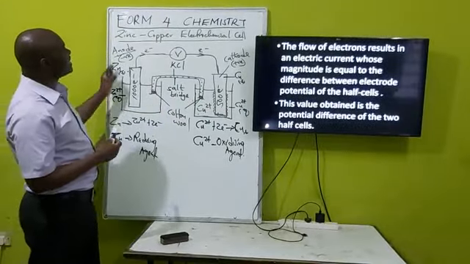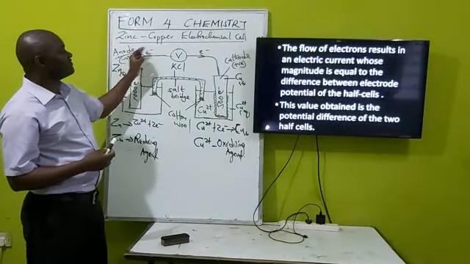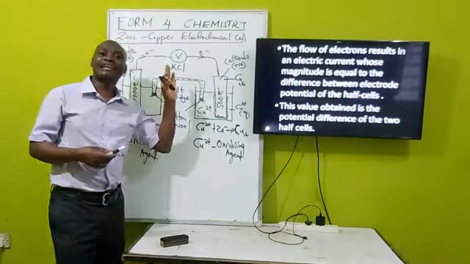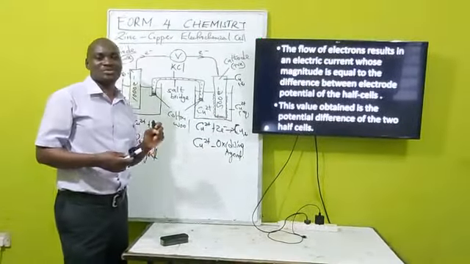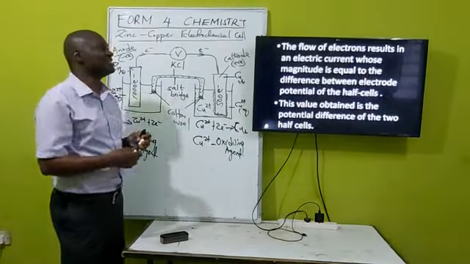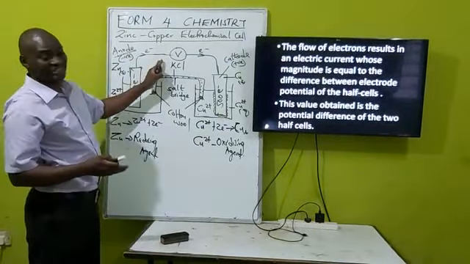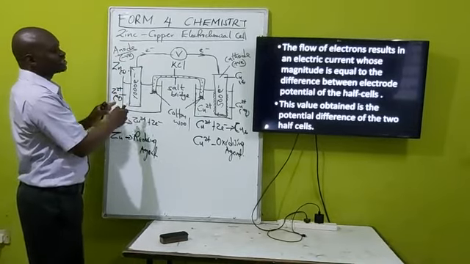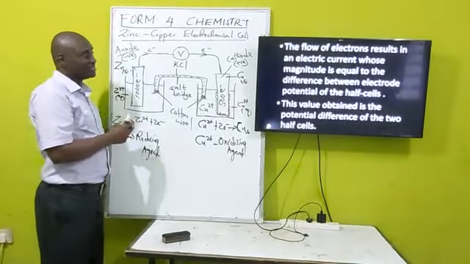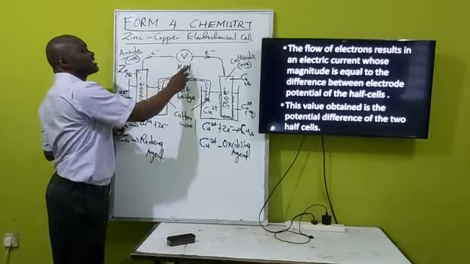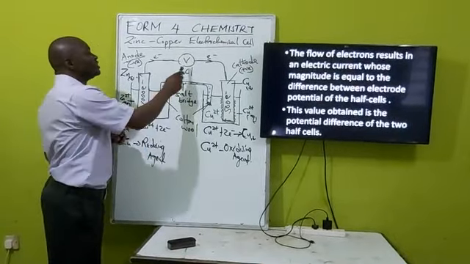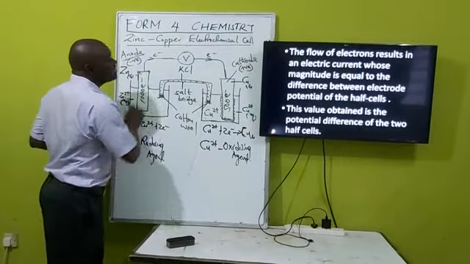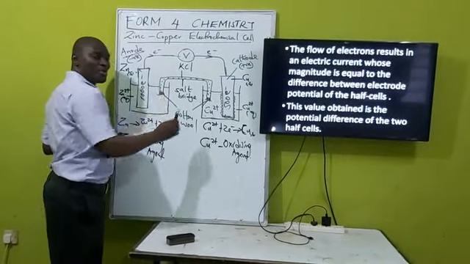Now, the flow of electrons will result in an electric current whose magnitude, meaning whose size, is equal to the electrode potential of the half cells. So whatever voltage is recorded here will be as a result of the flow of electrons.